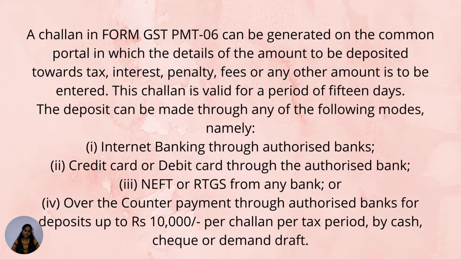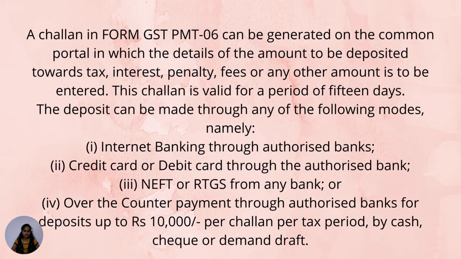The deposit can be made through any of the following modes, namely internet banking through authorized banks, credit or debit card through the authorized bank, NEFT or RTGS by any bank, or over the counter payment through authorized bank for deposits up to rupees 10,000 per challan per tax period by cash, cheque, or demand draft.